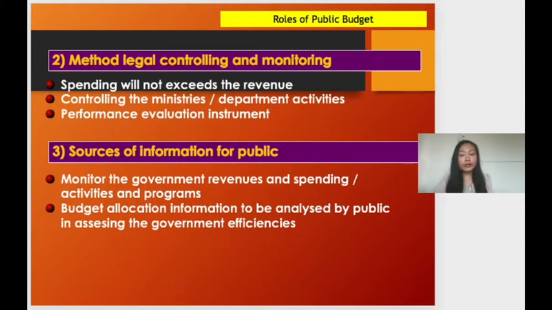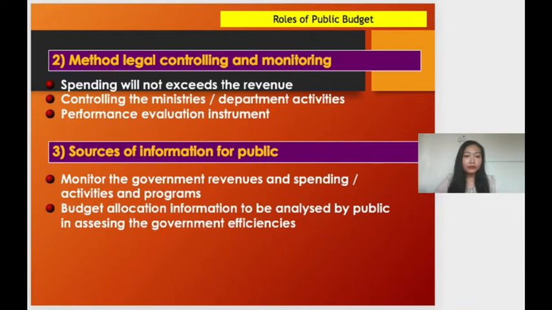Spending will not exceed the revenue, controlling the ministries' or departments' activities, and also a performance evaluation instrument. The same goes for point number 3, it's very straightforward as well. As a source of information for the public, it monitors the government revenues and spending or activities and programs. Budget allocation information can be analyzed by the public in assessing the government's efficiency.